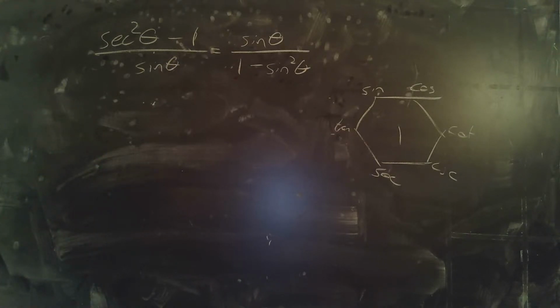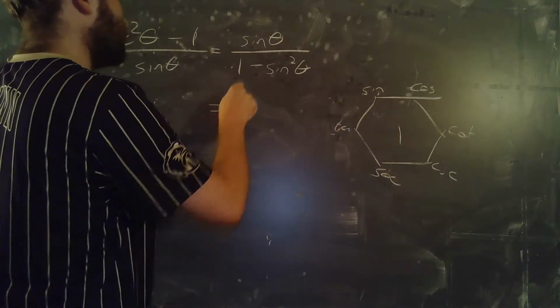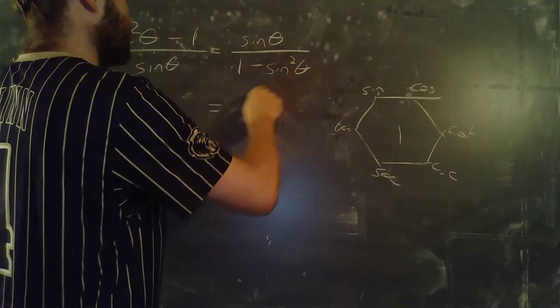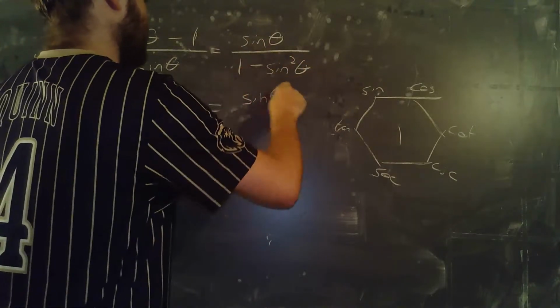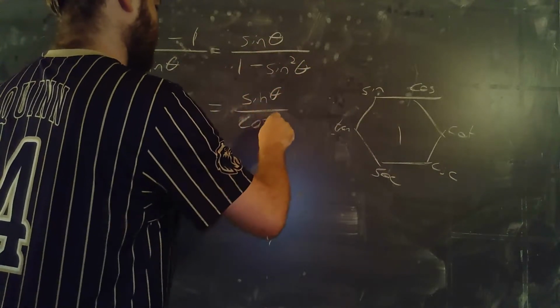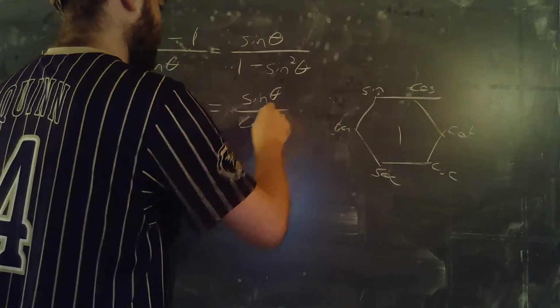That's cosine squared. So I'm going to go ahead and work with the right-hand side to make it a little bit easier to deal with. Okay. So sine over 1 minus sine squared becomes sine over cosine squared of theta.